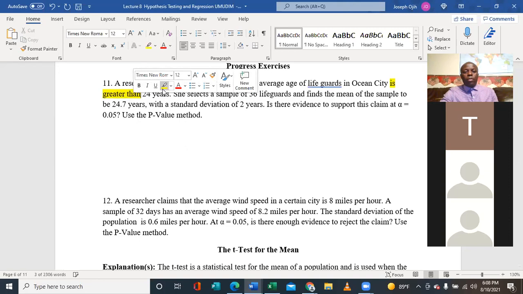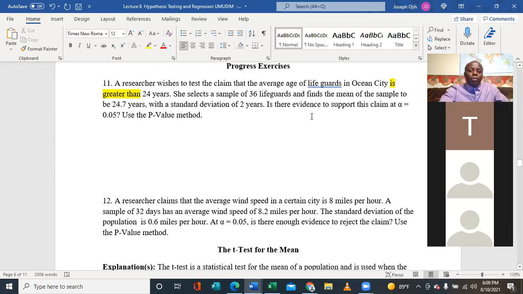So she selects a sample of 36 lifeguards and finds the mean of the sample to be 24.7 years with a standard deviation of 2 years. Is there evidence to support this claim at alpha 0.05? Use the p-value method.